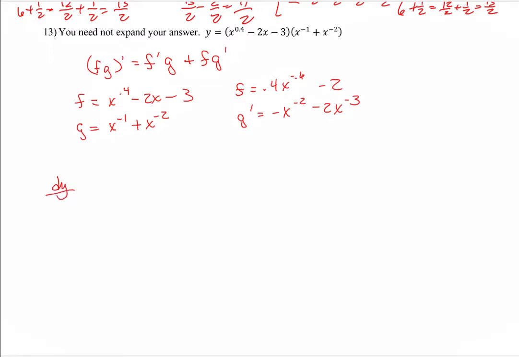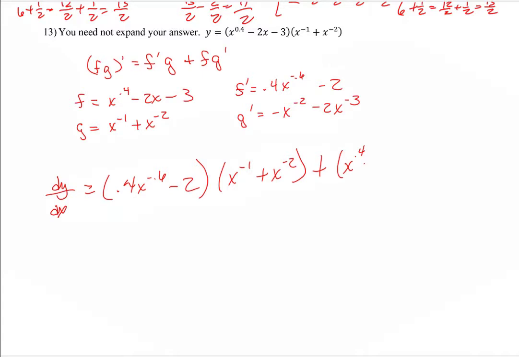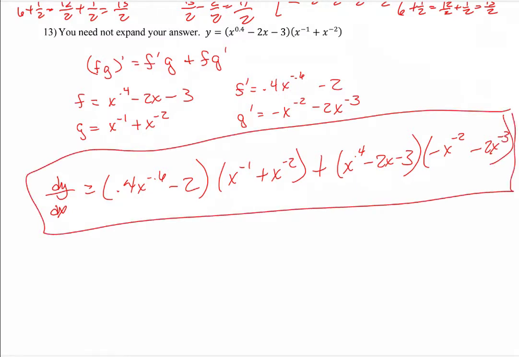So dy/dx equals, this is f prime, 0.4x to the negative 0.6 minus 2 times g, x to the negative 1 plus x to the negative 2, plus f, x to the 0.4 minus 2x minus 3 times g prime, minus x to the minus 2 minus 2x to the minus 3. And that, ladies and gentlemen, is your answer.